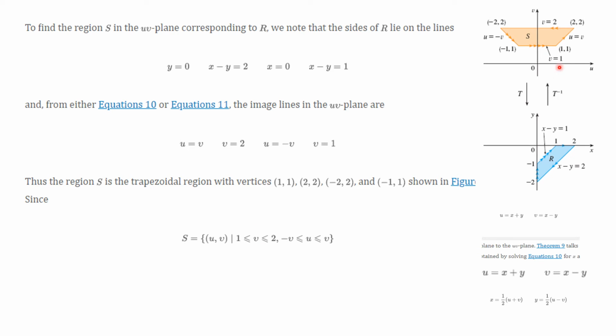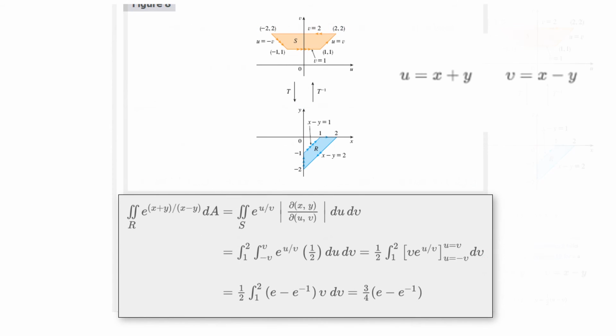So the region S is the region we want. It is the trapezoid with these values.